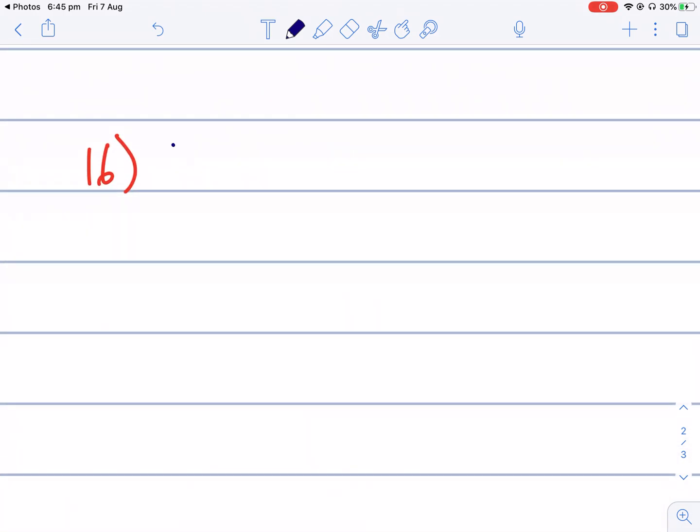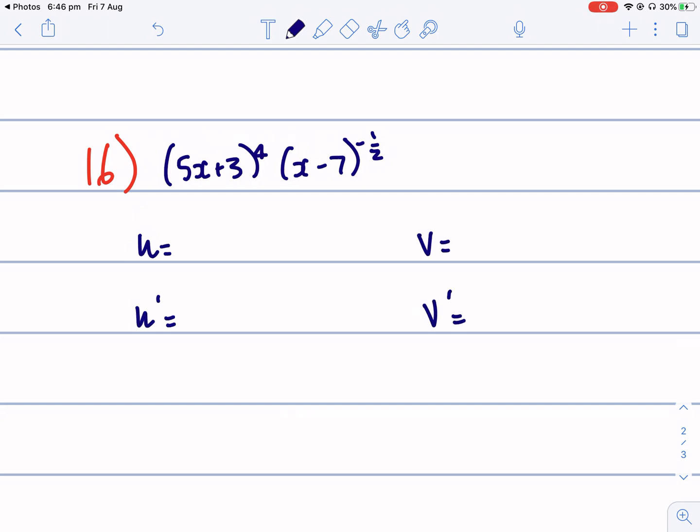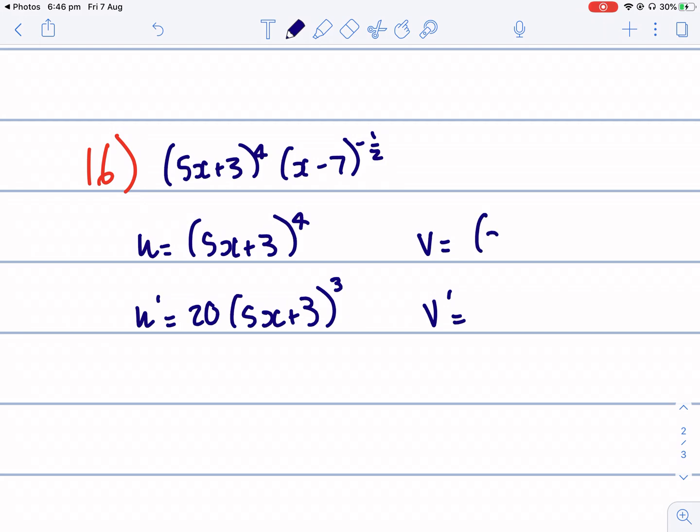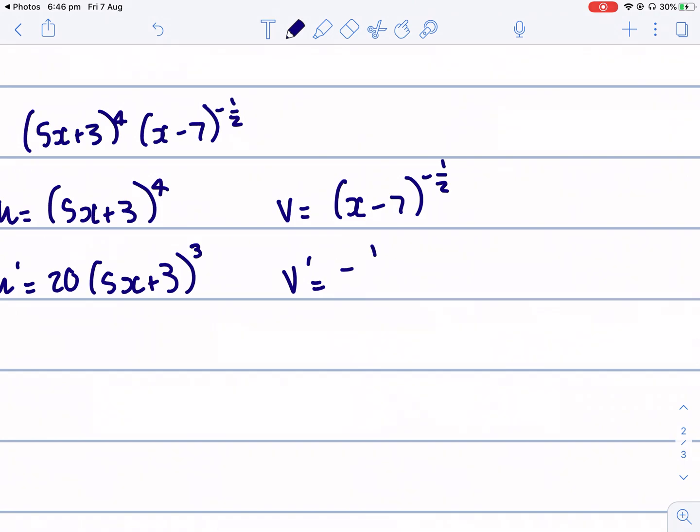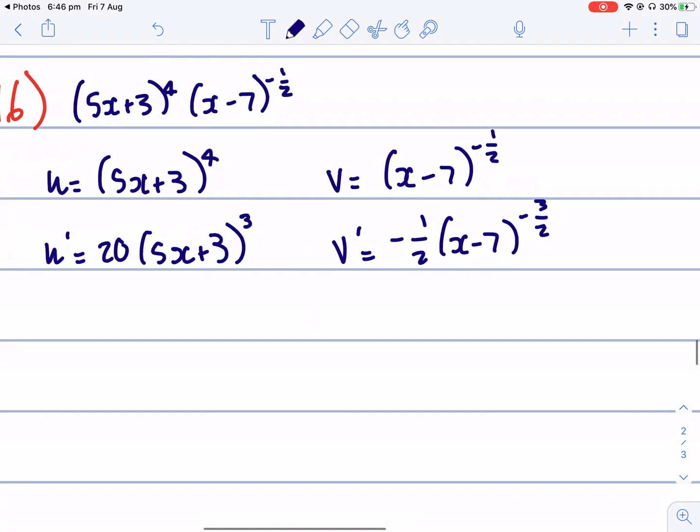We've got (5x plus 3) to the 4 times (x take 7) to the negative a half. u prime, v prime. So we've got (5x plus 3) to the 4 is going to become 25 (x plus 3) cubed. (x take 7) to the negative a half becomes negative a half, (x take 7) to the negative 3 on 2.